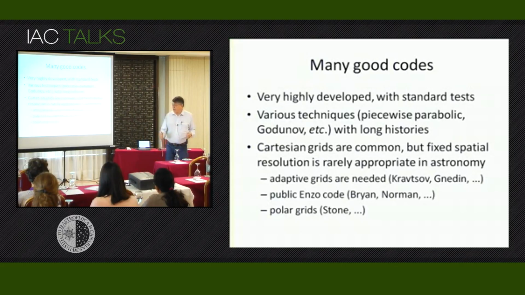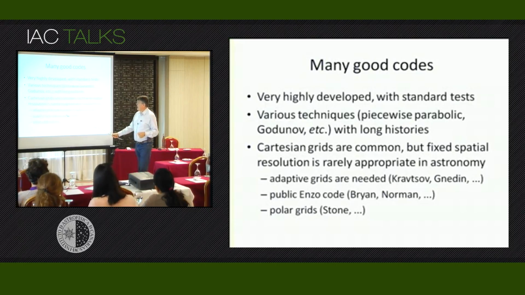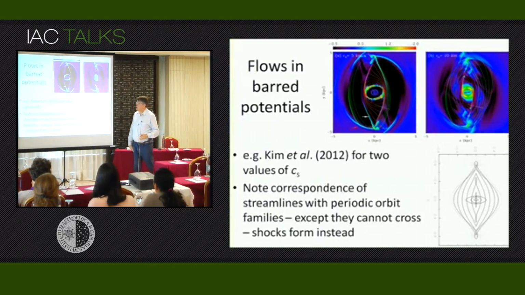This is a code which is all singing and dancing. It will do whatever you want. It's extremely well-developed and well-tested code, which is available for anybody who wants to use it. And it does use adaptive grids on mostly Cartesian geometries. Jim Stone in Princeton has spent some time developing polar grids.